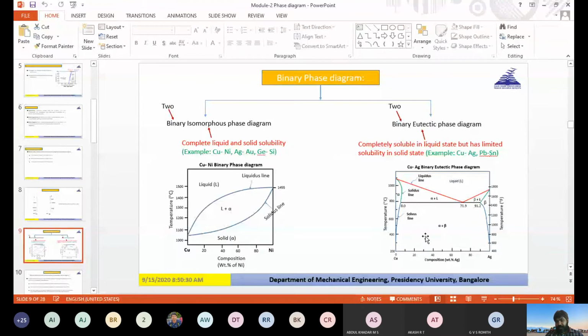So the eutectic phase diagram looks like this, and the isomorphous phase diagram looks like this. We will look into the detail of all these types of phase diagrams.